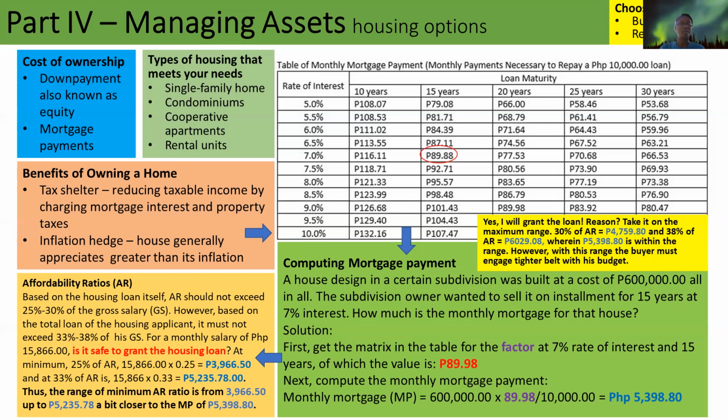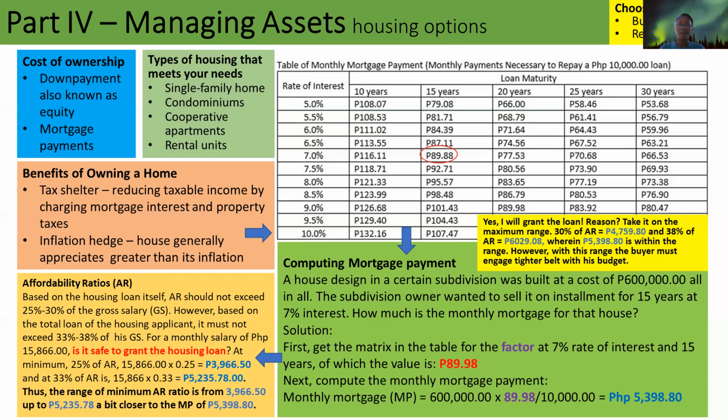And 33% of 15,866, sorry, times 0.33, the answer will be 5,235.78. Now, look at the income of the applicant.